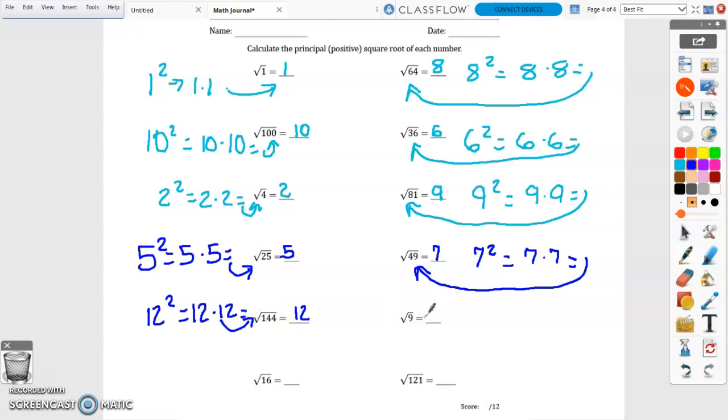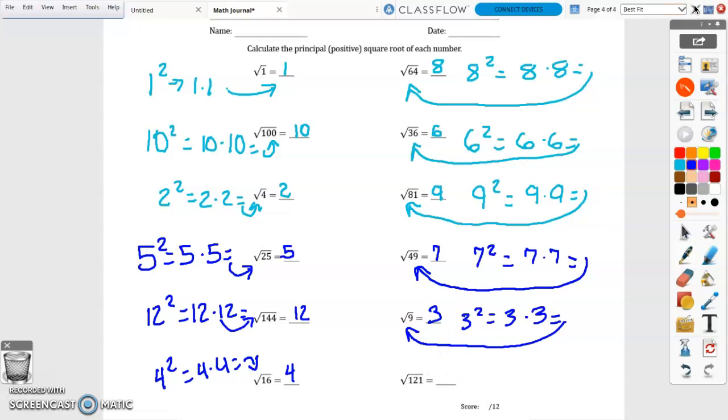Now, 9. What number multiplied by itself gives 9? 3. 3 squared, 3 times 3, is equal to 9. 16. What is the square root of 16? 4. 4 squared is equal to 4 times 4: 4, 8, 12, 16.